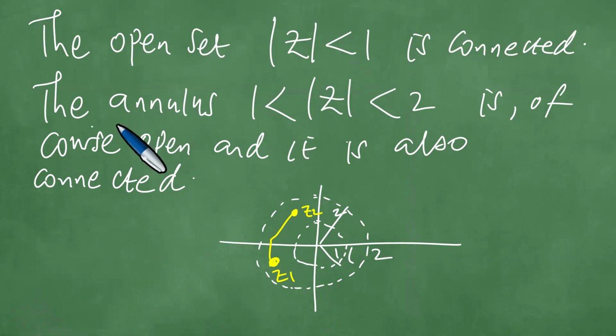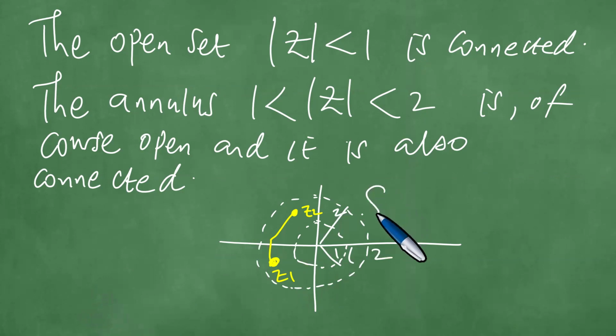The open set is connected. The annulus is of course open, and it's also connected, because if you take some points, the polygonal line that joins the points is entirely contained in S.